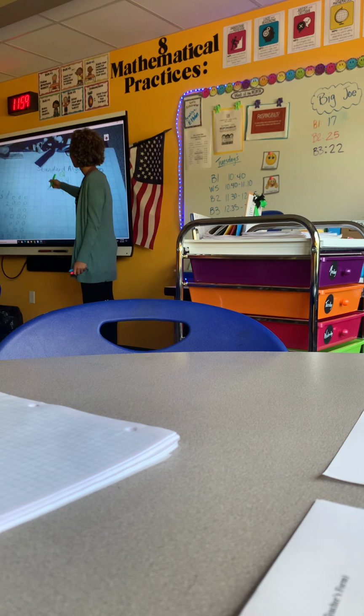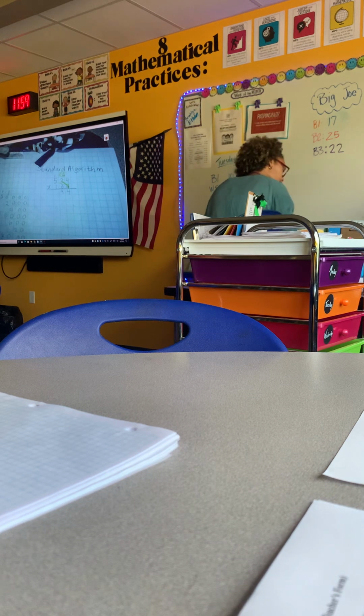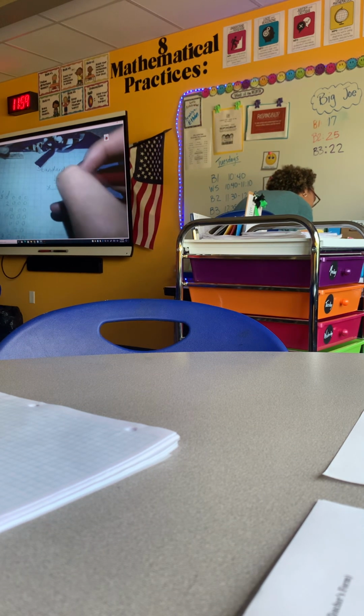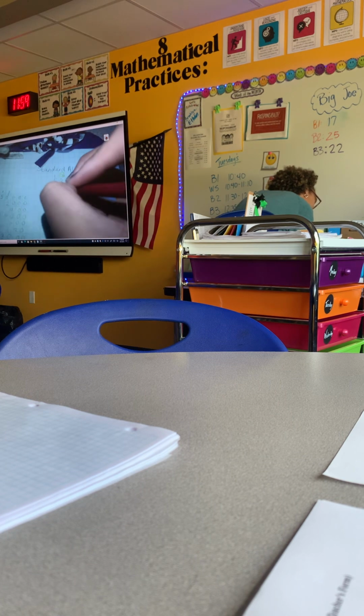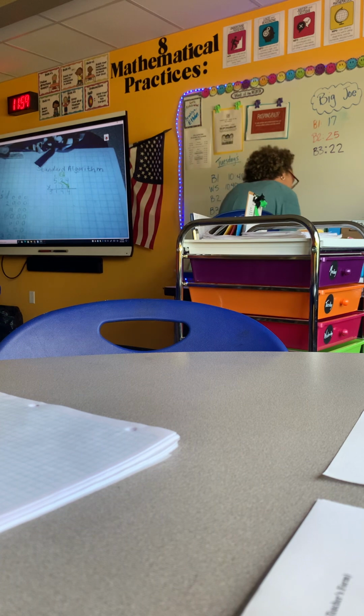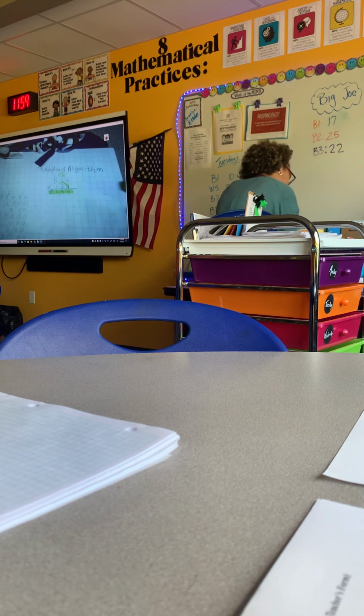You drop your 4 and carry your 1 to the next place. So we said 31 for 6 times 5 plus 1. So that's our ones place. We're going to highlight this product right here.